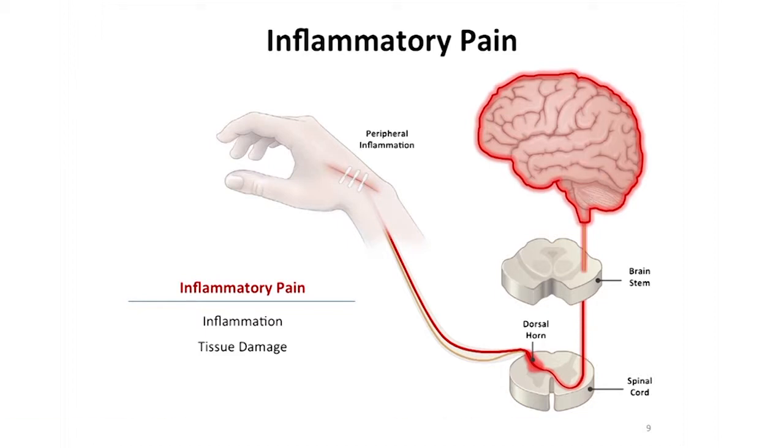And a major feature of the changes that occur are an alteration in the excitability of nociceptors such that their threshold is reduced. They can now be activated by less intense stimuli than what occurs in normal non-inflamed tissue.